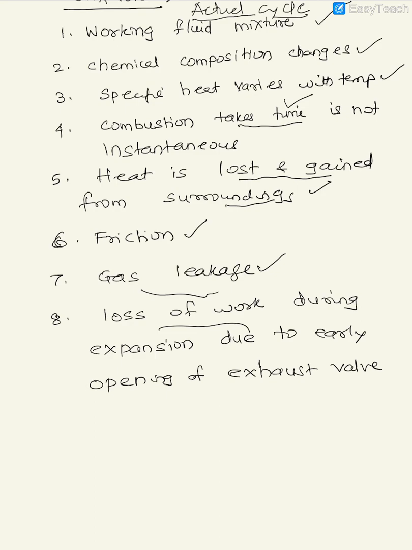So though we would get a very accurate result in the actual cycle analysis, the analysis becomes complicated. So that is the disadvantage of actual cycle analysis. Okay, so this was the discussion on air standard cycle analysis, fuel air cycle analysis, and actual cycle analysis.